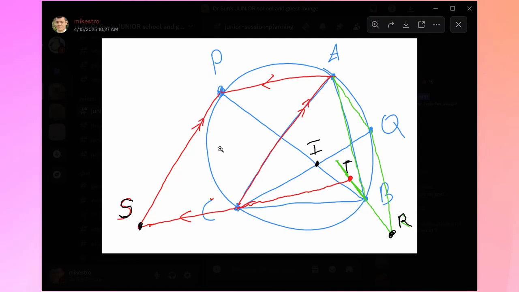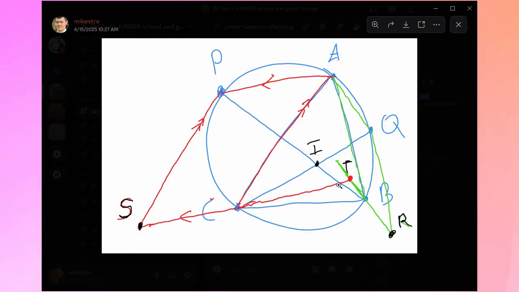Does that make sense? The internal angle bisector is a line that's sort of halfway between these two lines. And if it's halfway between these two lines, then any point on the line must be equally distant from those two lines. And so a point that's equally distant from all three sides lies on both angle bisectors. Okay.